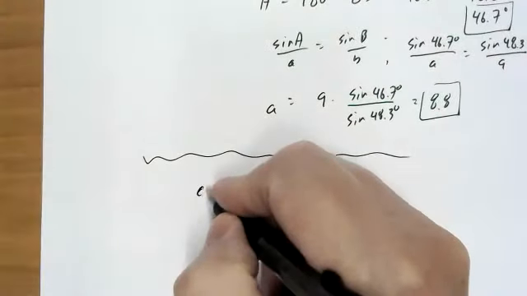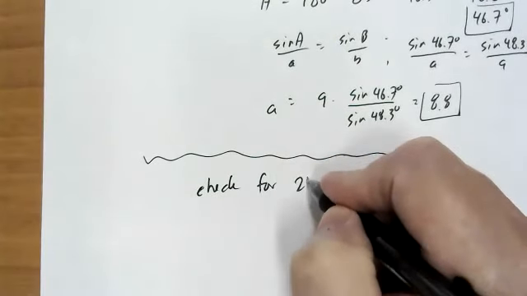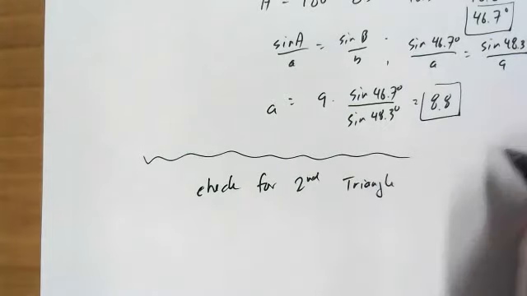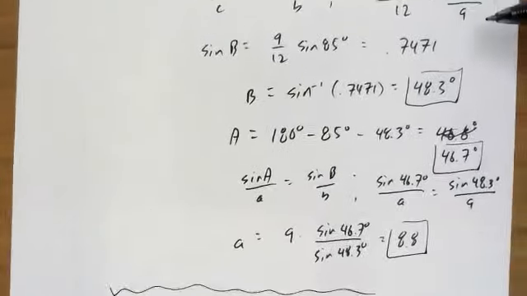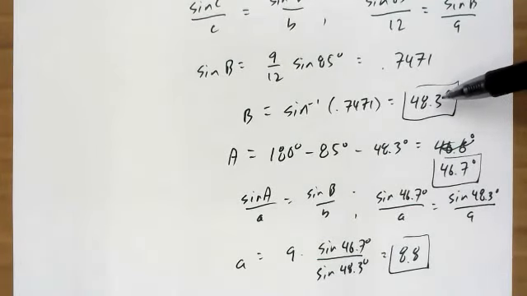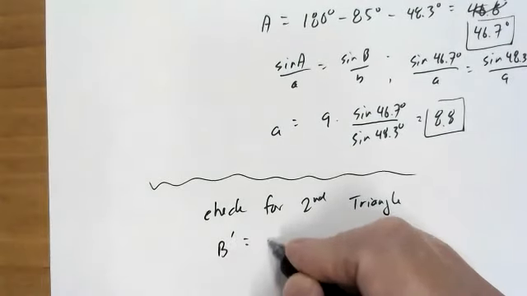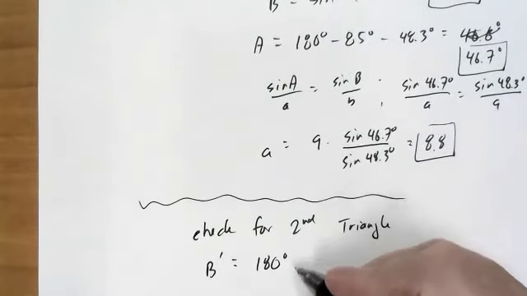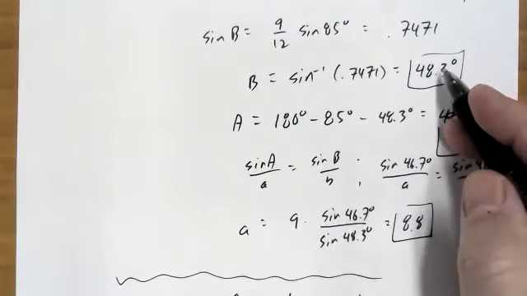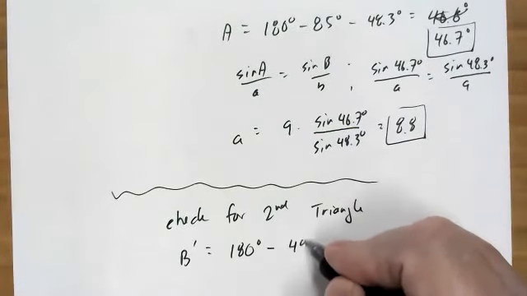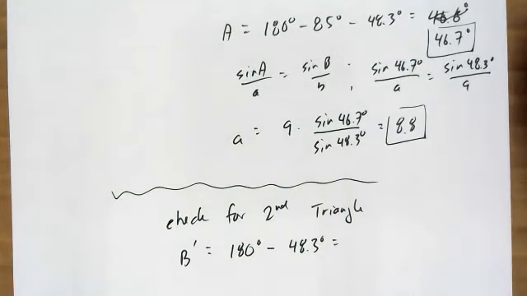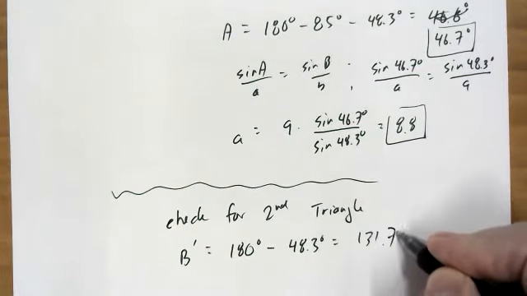Is there a second triangle? So once again, the very first thing I did on my first triangle was to find angle B. If there's a second triangle, there's going to be a different angle B. And this new angle B will be 180 degrees minus my first triangle's angle B. So if there is a second triangle, angle B is going to be 131.7 degrees.